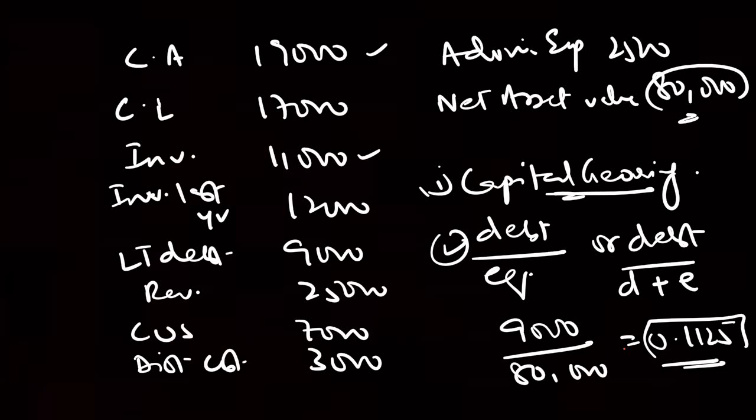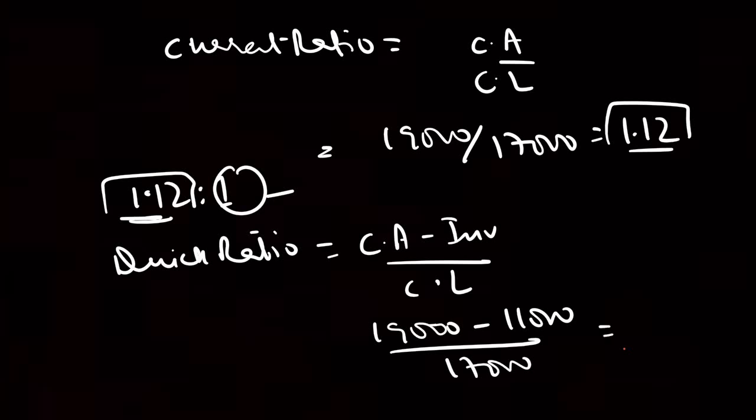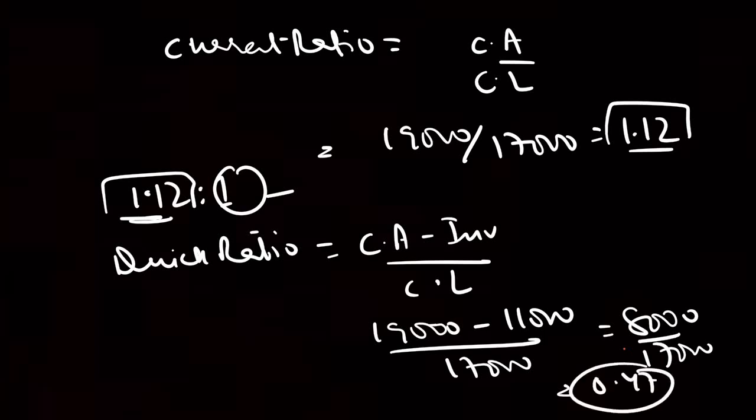So 19,000 minus 11,000 divided by liability 17,000. It is 8,000 divided by 17,000. We are getting a value that is approximately 0.47. So this is the quick ratio.